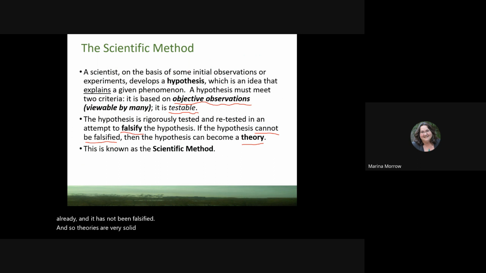A hypothesis is just a guess. An educated guess, something to test. But the theory is something that's been tested. So this becomes what's called the scientific method. You propose an idea, the hypothesis, and then you test it many times and you try to see if it's going to be false or not.